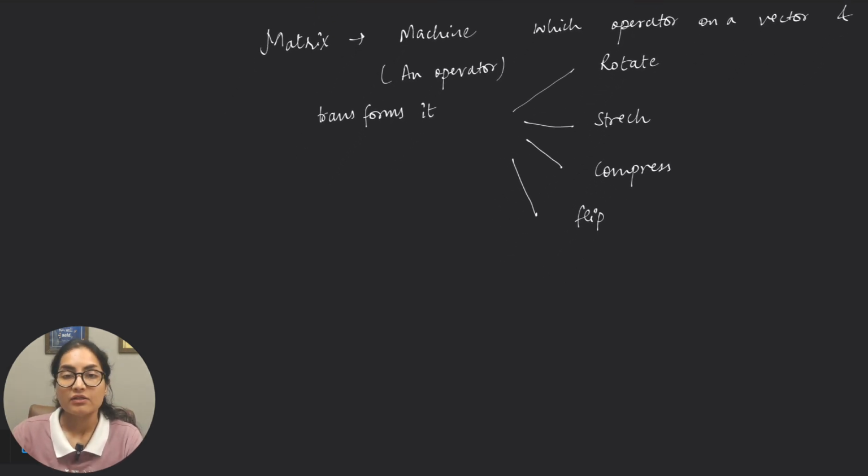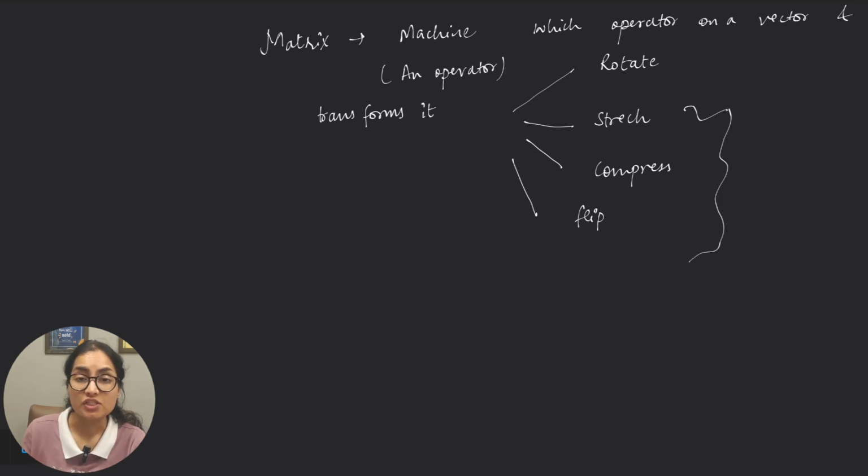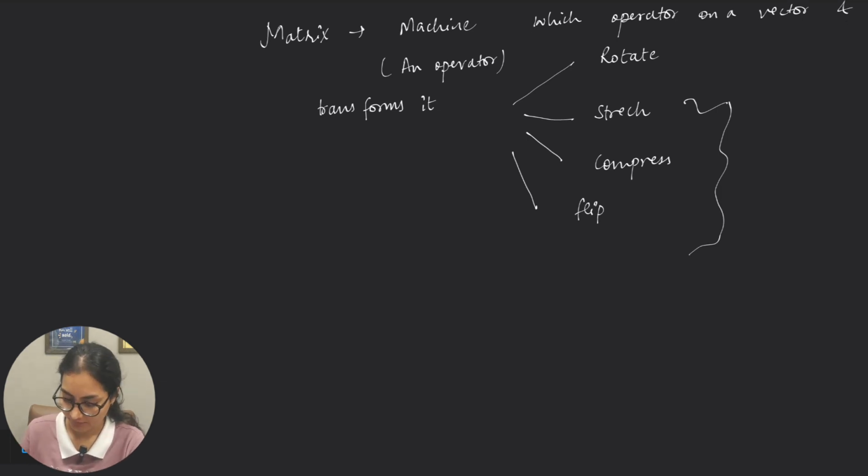So there are a few vectors which only get stretched, compressed or flipped. Those special vectors are called eigenvectors, and the value with which they get stretched or compressed is called the eigenvalue of that vector.